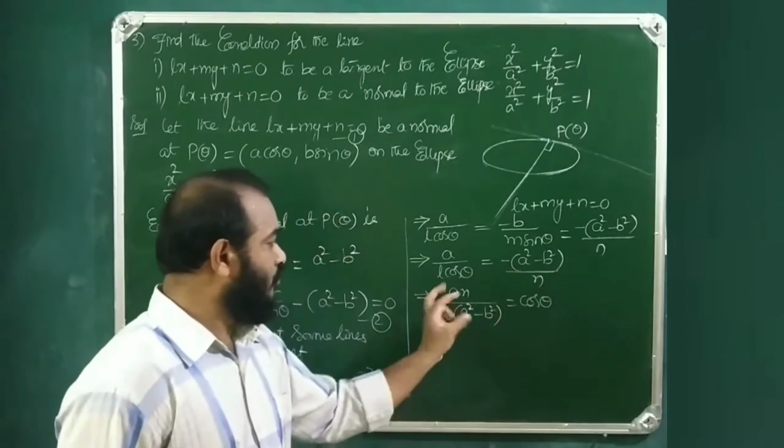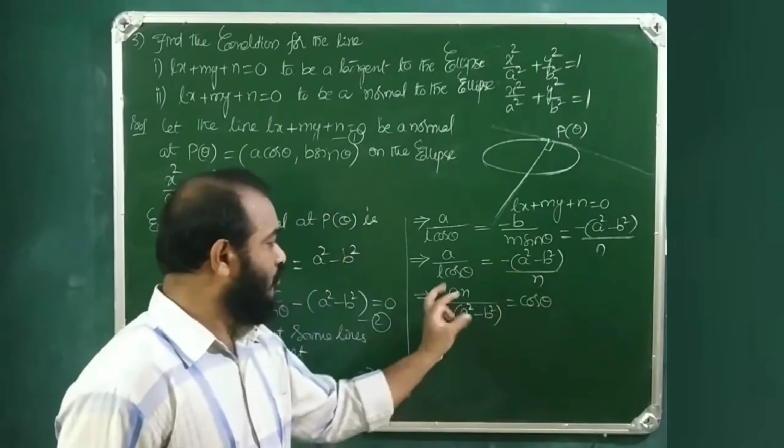whose center is at the origin, and now this S dash or the foci, and this L dash are the ends of the lattice rectum. If a normal at one end of the lattice rectum of the ellipse.